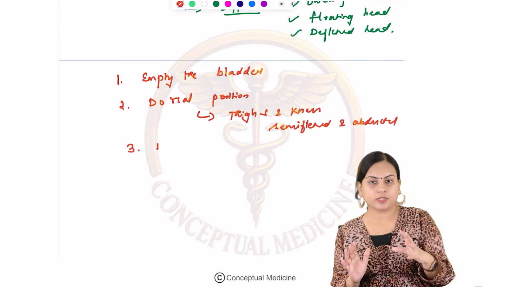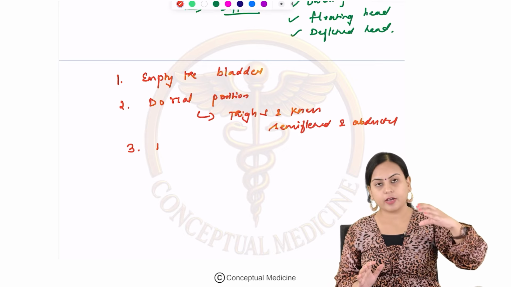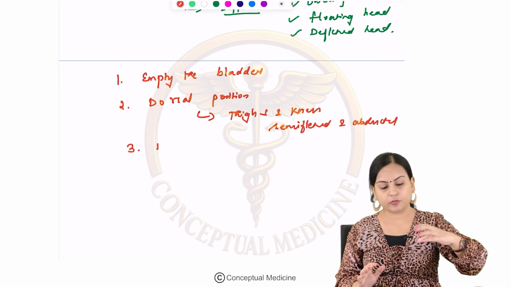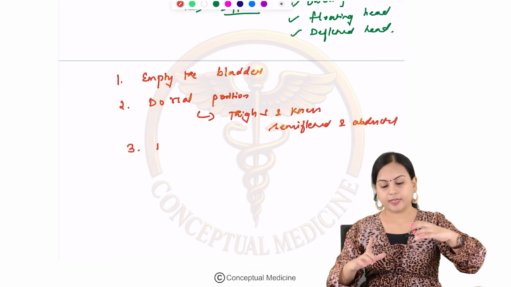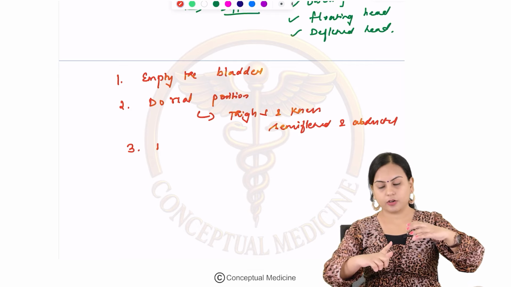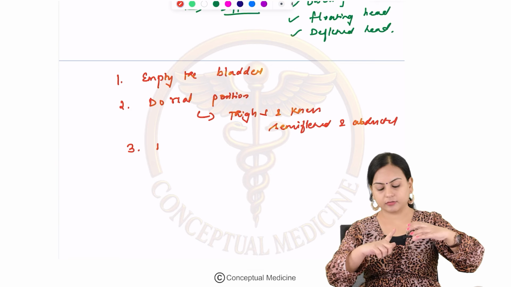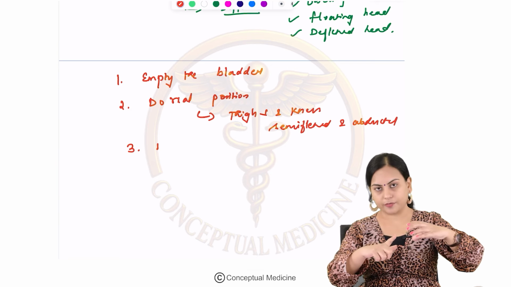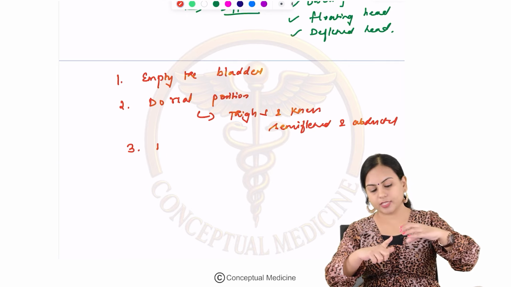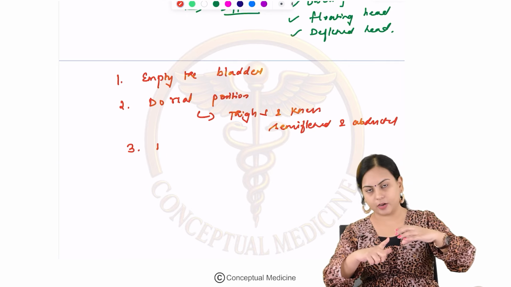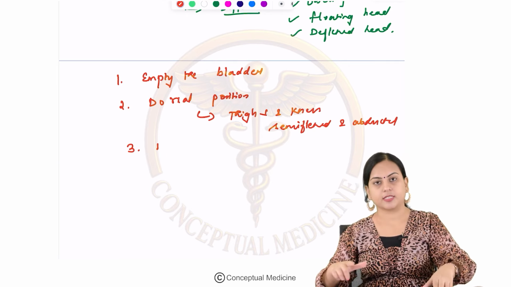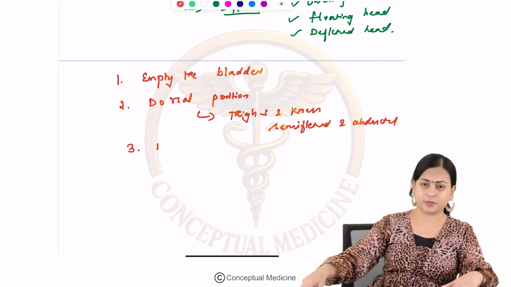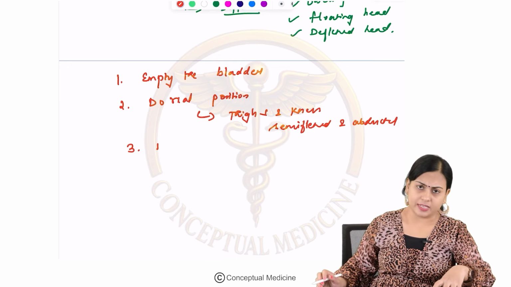Now, in this position, you are going to keep your left hand like this and hold the fetal head, and with the right hand you are going to keep the thumb and the index finger over the pubic symphysis. So, you will be pushing the fetal head down into the pubic symphysis, that is, into the pelvic inlet.